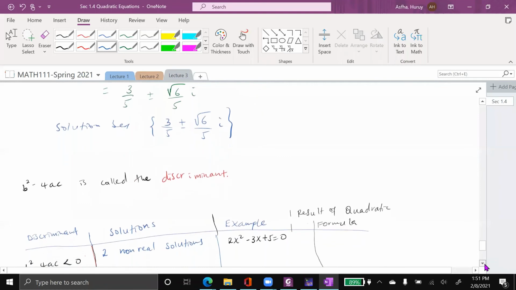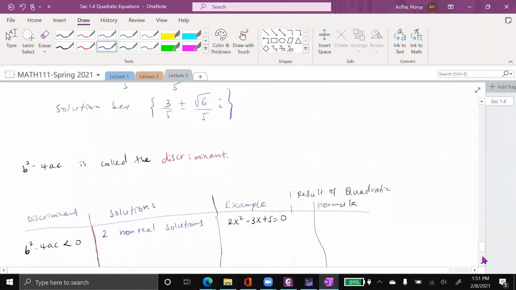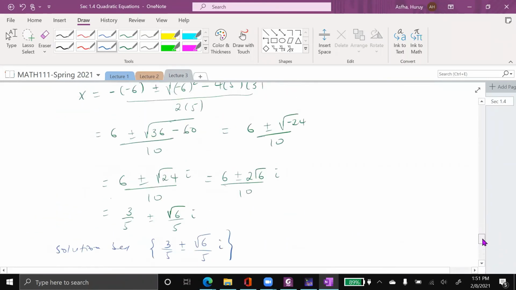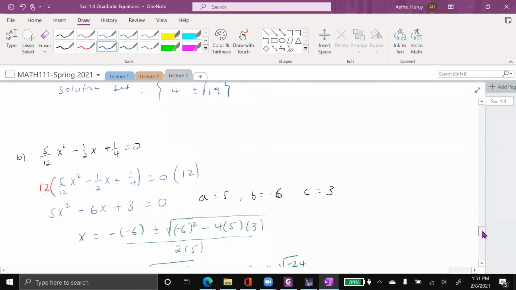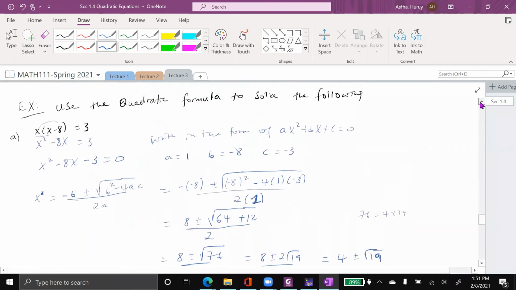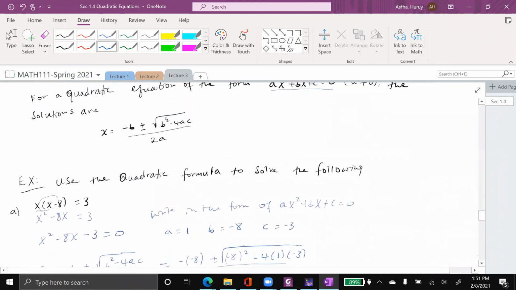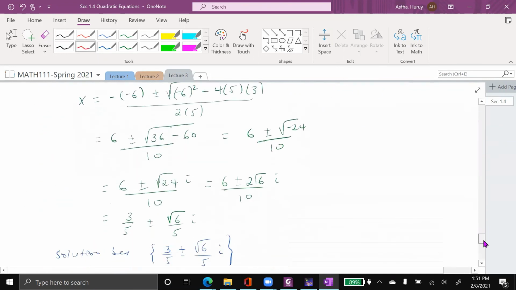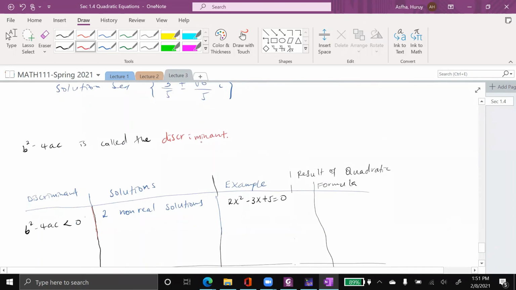All right, so the next thing is, there is one important thing that we need to learn here, as a concept. So as you can see in this general quadratic formula, we have a term inside the square root. We have this b squared minus 4ac. And that b squared minus 4ac, we call it the discriminant.